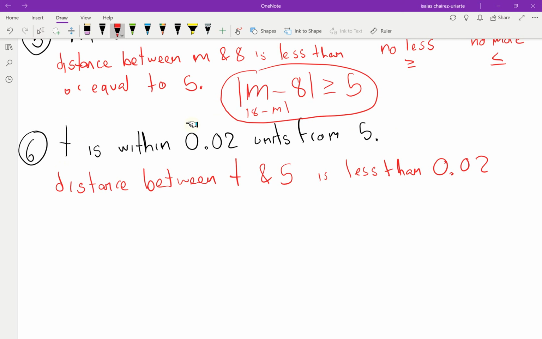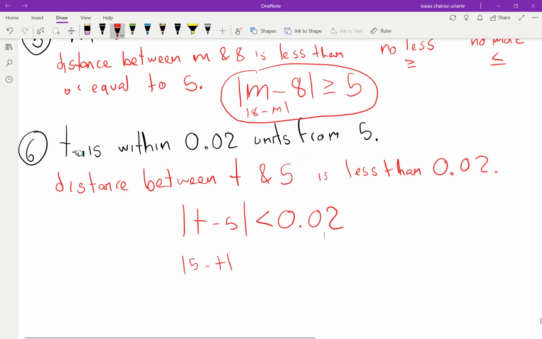That's what this statement is saying. Okay, well, distance between T and 5, that just means absolute value of T minus 5 or 5 minus T, whatever you like. And this is supposed to be less than 0.02. So T is within this many units from 5. So the distance between T and 5 is less than 0.02. This is talking about a tolerance, yeah, some little error, some little margin.